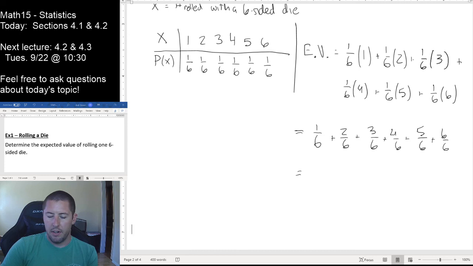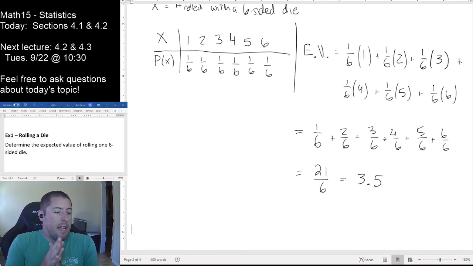So I'm going to try and do some quick math here. 1 and 2 is 3, plus 3 is 6, plus 4 is 10. 10 plus 11 is going to give me 21. 21 over 6. I know that 18 divided by 6 is 3. So that's going to be 3 with 3/6 left over. So I'm going to be getting 3.5 for this guy.